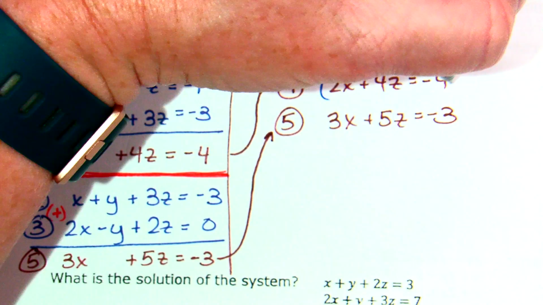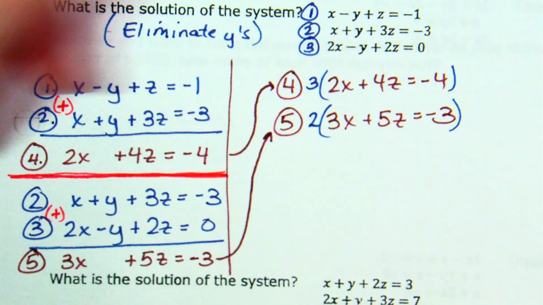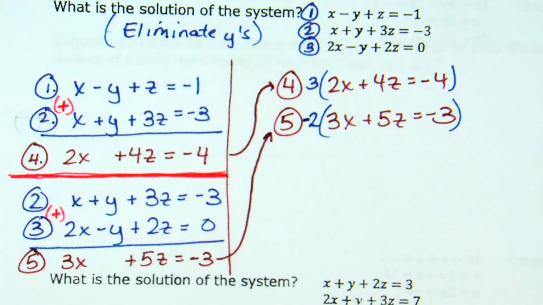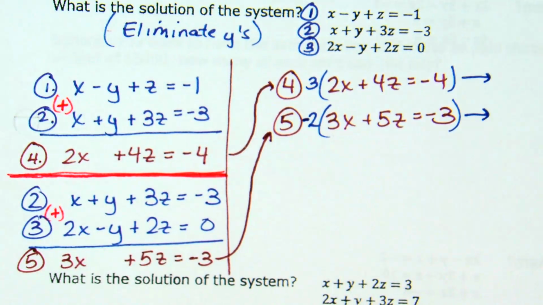Your call. So if I eliminate x's, what am I multiplying the top equation by? 3. What am I multiplying the bottom equation by? 2. And one of these, let's multiply by a negative. I'm going to go with the bottom one multiplied by negative 2. After this point, I do not renumber.